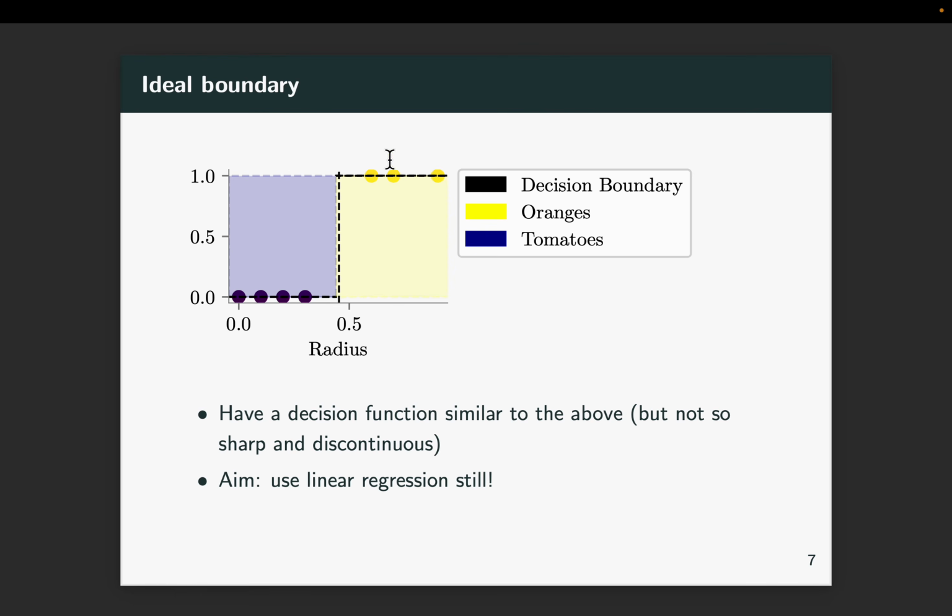So if you notice, even if you increase the radius, you will always predict the probability of orange to be 1, probability of tomato to be 0. And if you go to the other extreme, if radius is, let's say, minus infinity, in this case it's infeasible, but even there you will always have probability of tomato to be 1 and orange to be 0. So you're always in the 0 to 1 range.